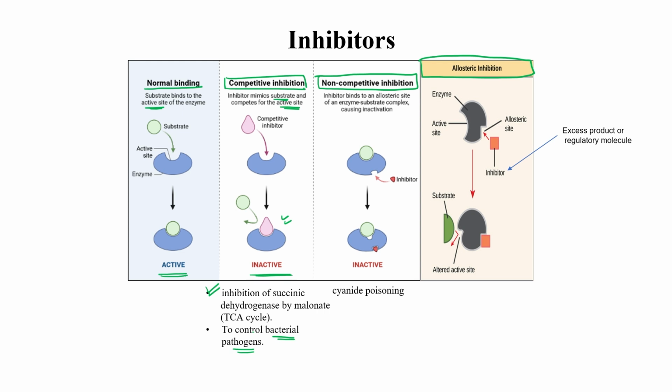They bind a type of molecule, so the enzyme gets inactivated, and further their progeny will not develop inside the bacterial cell. That's how. Okay, so inhibition of succinate dehydrogenase by malonate is an example of competitive inhibition.